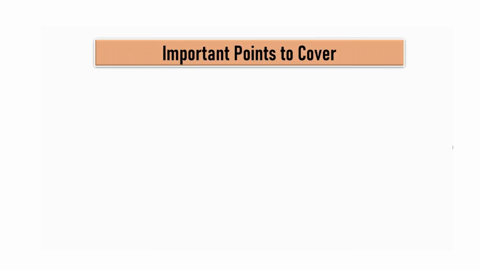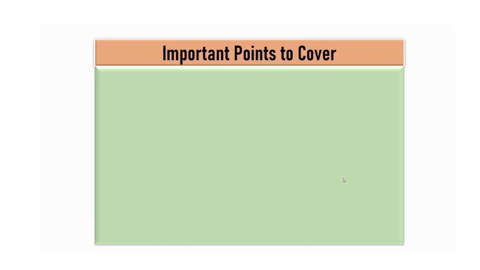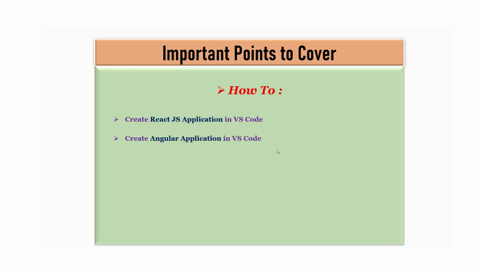These are some points which we are going to cover. First we will create our React.js application in VS Code editor, and we will create it and run it as well. Next we can create Angular application and run it in VS Code.